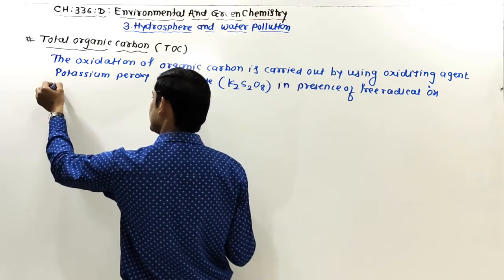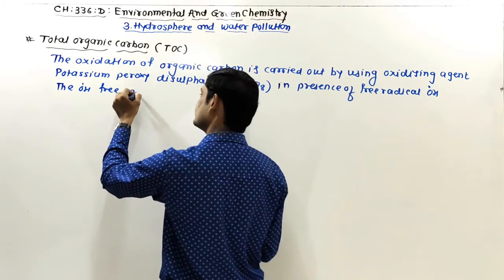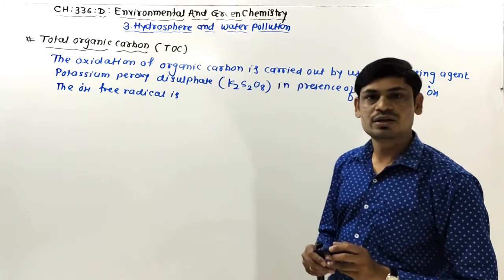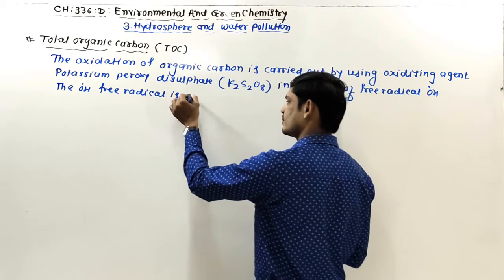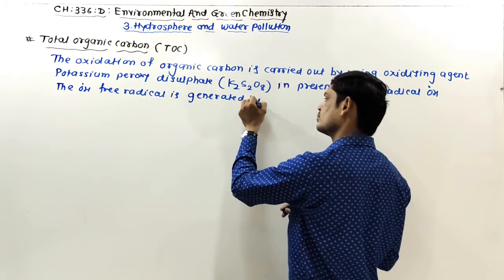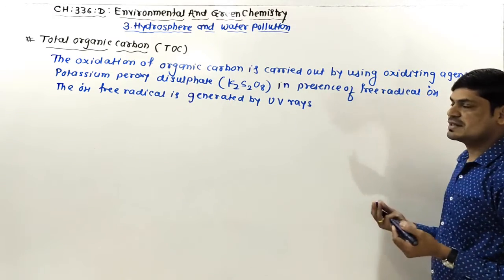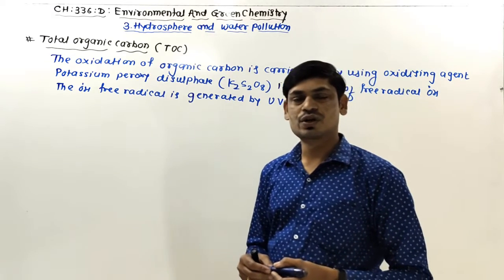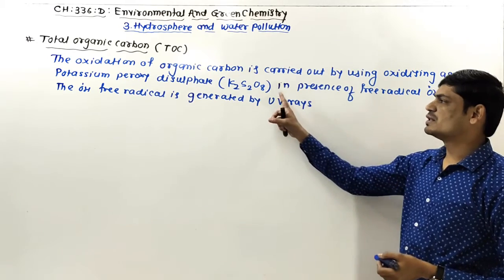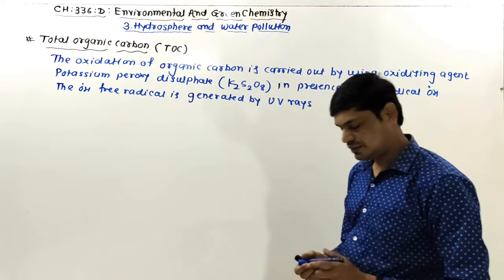This hydroxy free radical is generated by UV rays. It means it is a total oxidation of organic matter by using potassium peroxydisulfate in presence of hydroxy free radical.